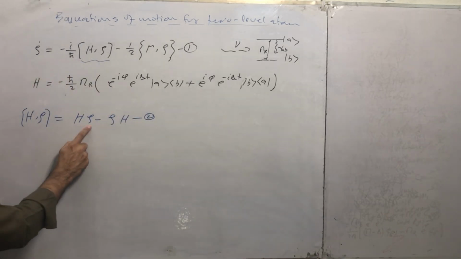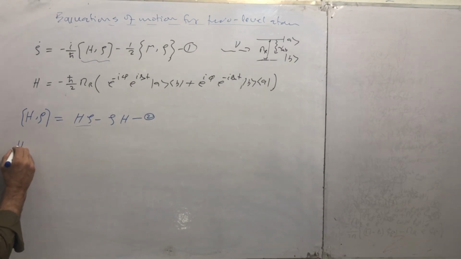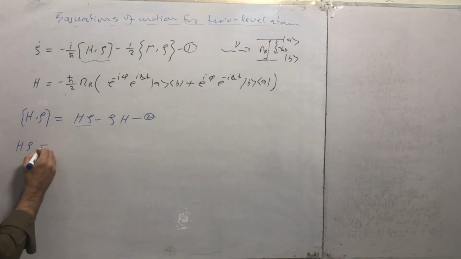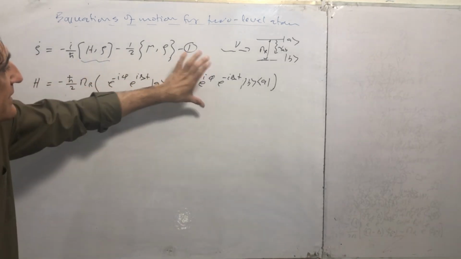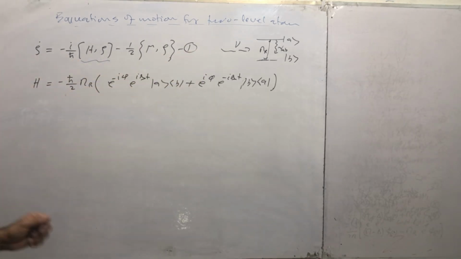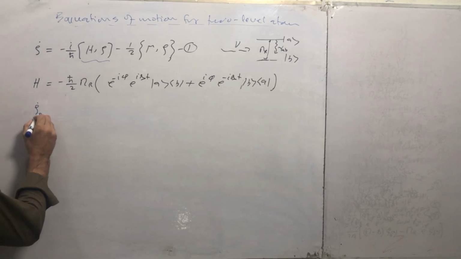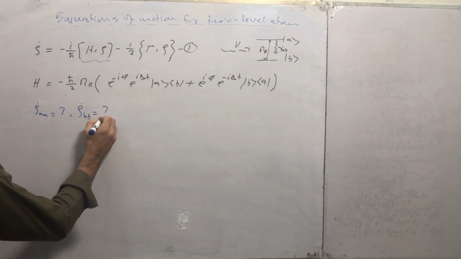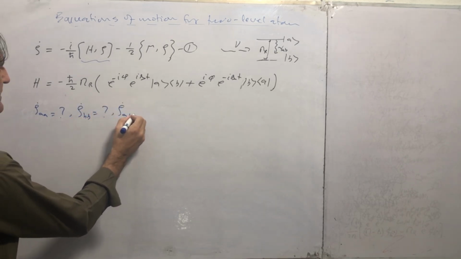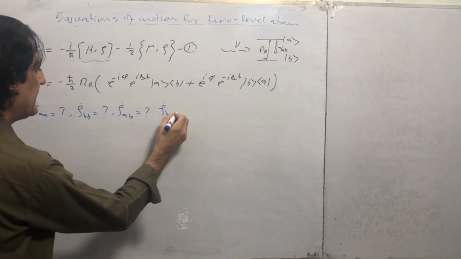In this equation number 2, we must consider this term, Hρ. This is the Hamiltonian for this system. And now I'm interested to find ρ dot AA, ρ dot BB, ρ dot AB, and ρ dot BA.